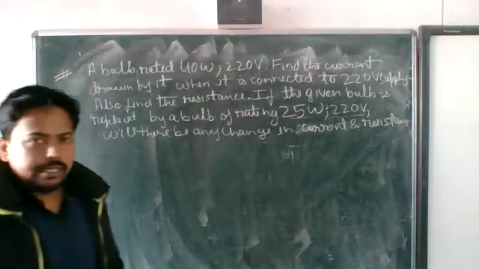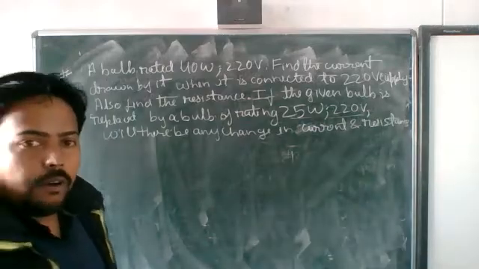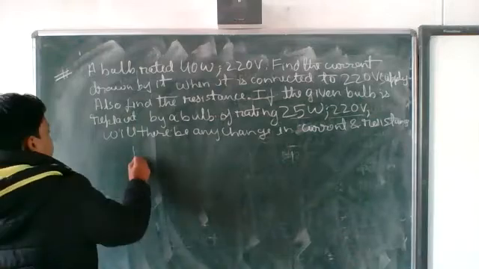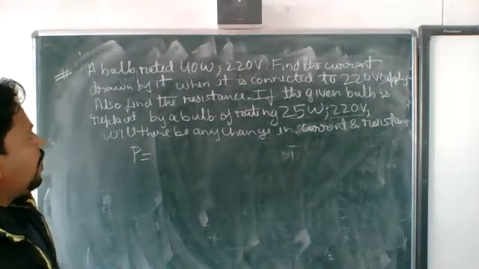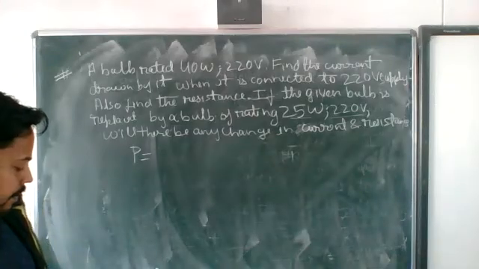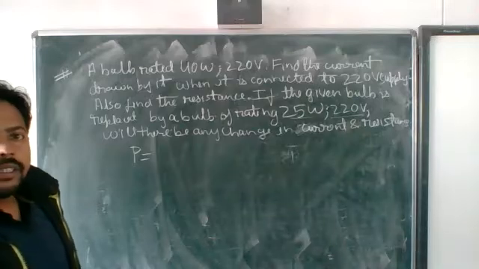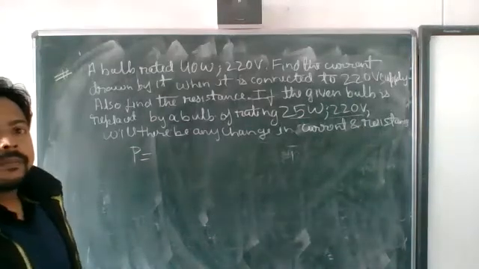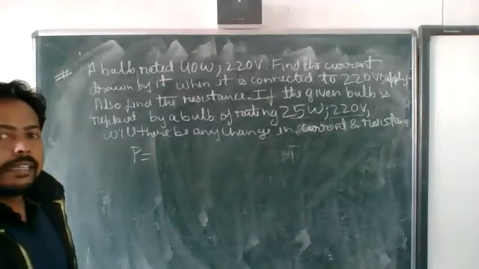For the first case, for the first bulb, the power is given and the value of voltage is given. Is there any relation between power, voltage and current?